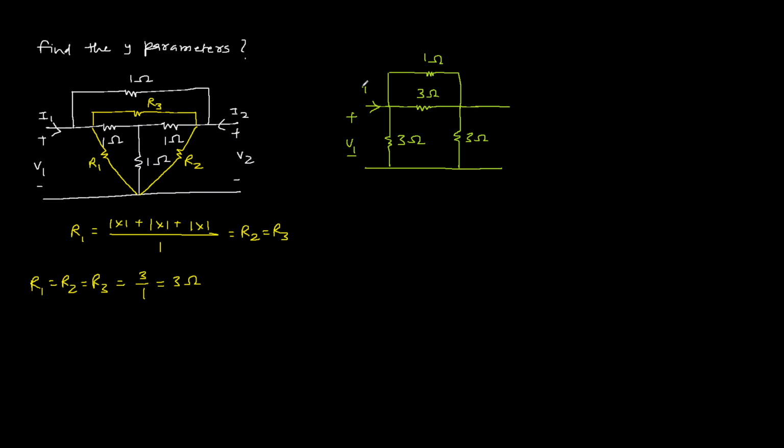This is port 1 and this one is port 2. Now we have the parallel connection of 1 and 3. So the parallel connection of 1 and 3 is 1 into 3 over 1 plus 3, which is 3 over 4 ohm. So now the circuit is totally in the shape of a pi network.